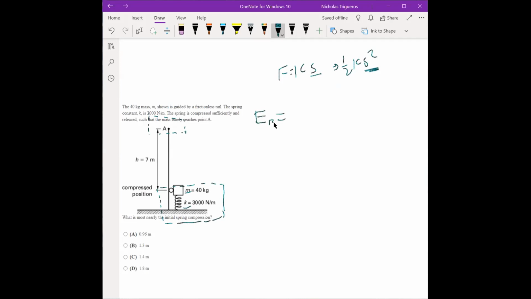Oh, they gave us some. Oh no, that's K. What is EA? You don't need a particular value, just give me the expression for it, the equation. Energy down here at A.